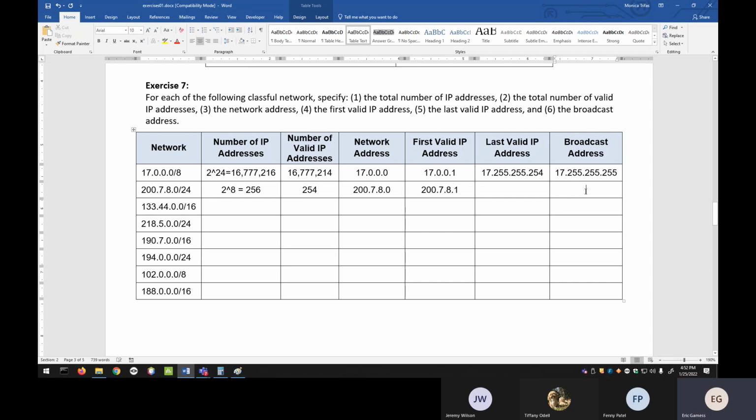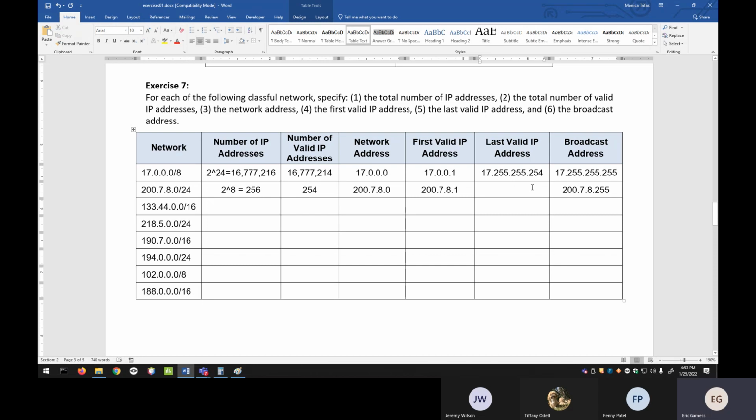What will be the broadcast address? Correct, 200.7.8.255. Of course, look, we have 256 IP addresses. They go from .0 to .255.